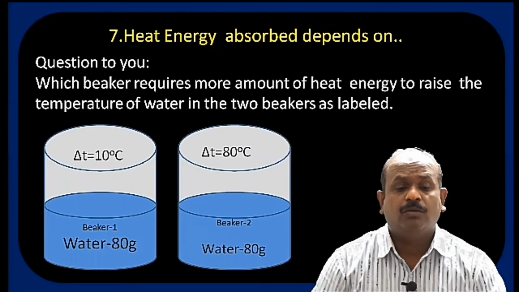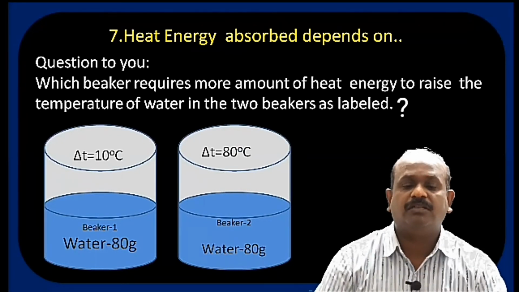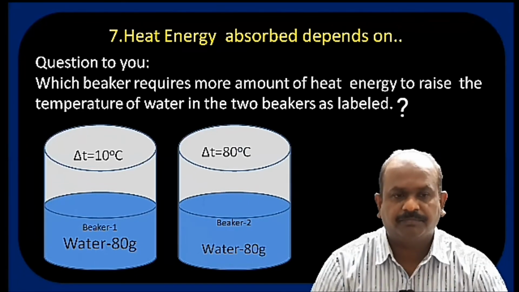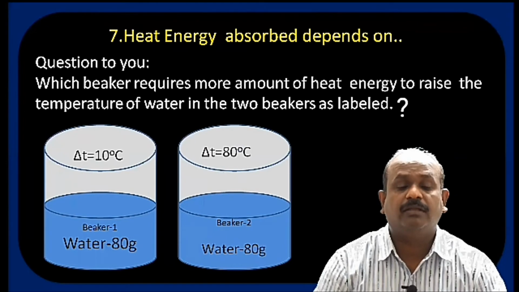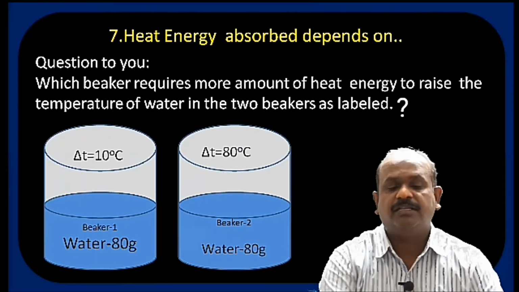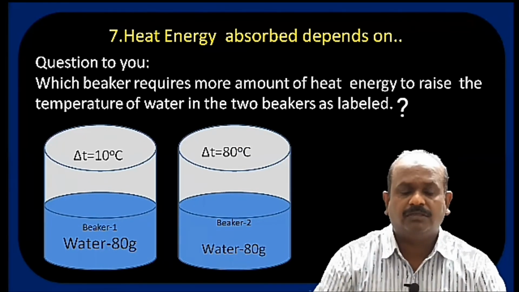One more question. Which beaker requires more amount of heat energy to raise the temperature of water in the two beakers as labeled? You can see, as mentioned here, two beakers are taken. Two beakers are filled with water.